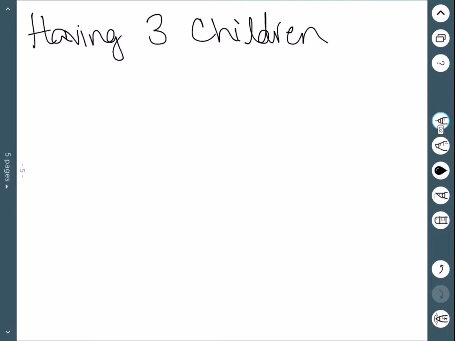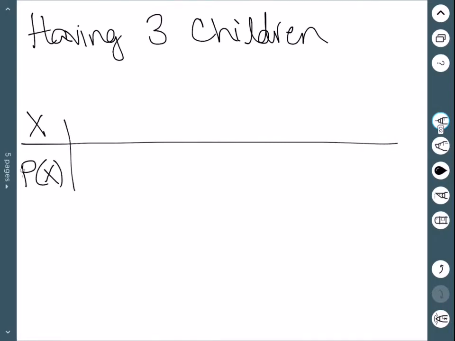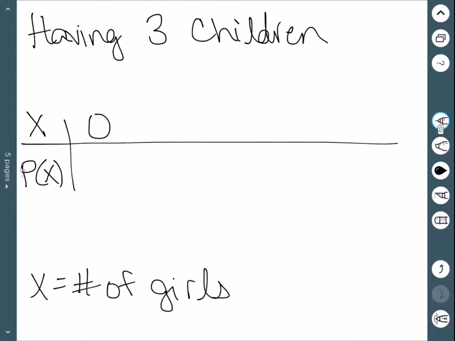The next one we'll do is the case of having 3 children. Once again, we'll have to let x be equal to a discrete value. We'll let x be equal to the number of girls that are born. Out of 3 kids, we could have 0, 1, 2, or 3 girls. If we have 0, there's only one way to do that, and there will be 8 different possibilities here. The one way is to have 3 boys.